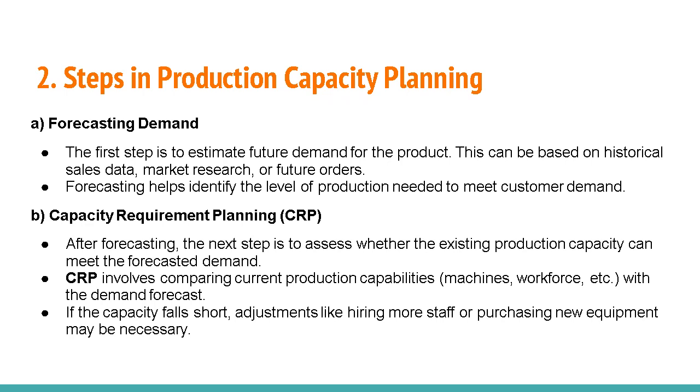CRP involves comparing the current production capacity, capability, machines, workforce, etc. with the forecasted demand. Capacity shortfalls may need adjustments like hiring more staff or purchasing new equipment.